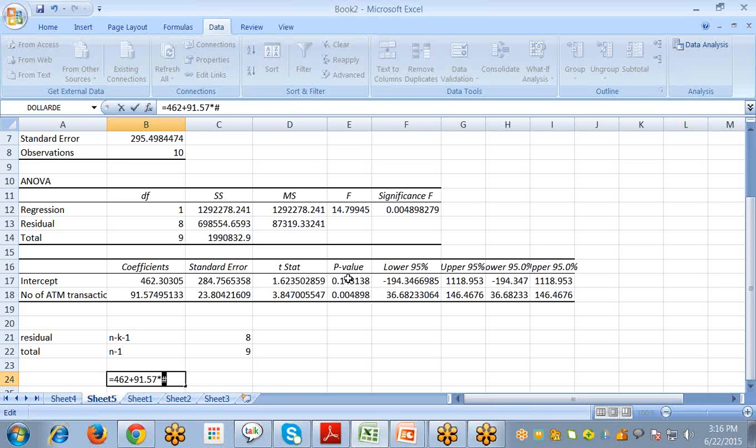So the p-values must be as low as possible, and the significance of F also must be as low as possible. If both these values are low, that means our regression analysis is very good and correct. Here the p-values are also very low, 0.1 and 0.004. So it means that our regression analysis is very much correct.